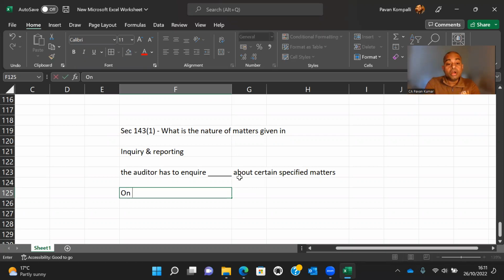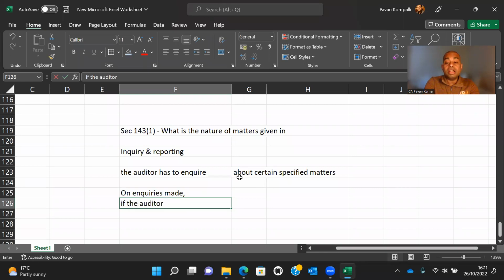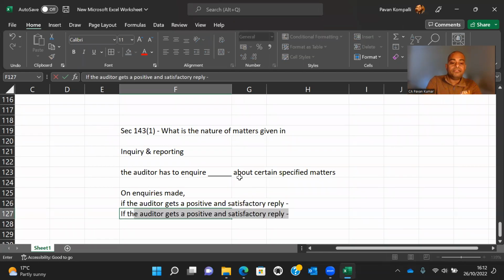So on inquiries made, if the auditor gets a positive and satisfactory reply, or if the auditor gets an adverse or unsatisfactory reply.